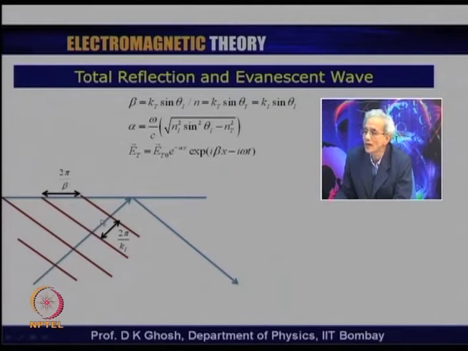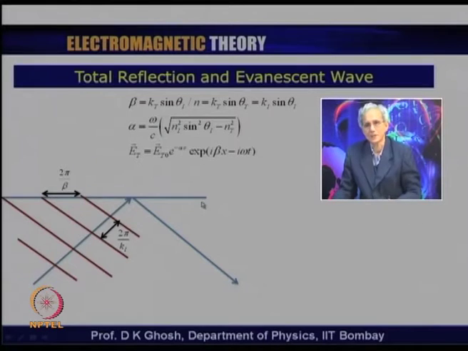You can just do an elementary geometry there. Since these are surface waves propagating along this, the corresponding wavelength is given by 2π by β and not 2π by this distance. And this is a fast attenuating wave.